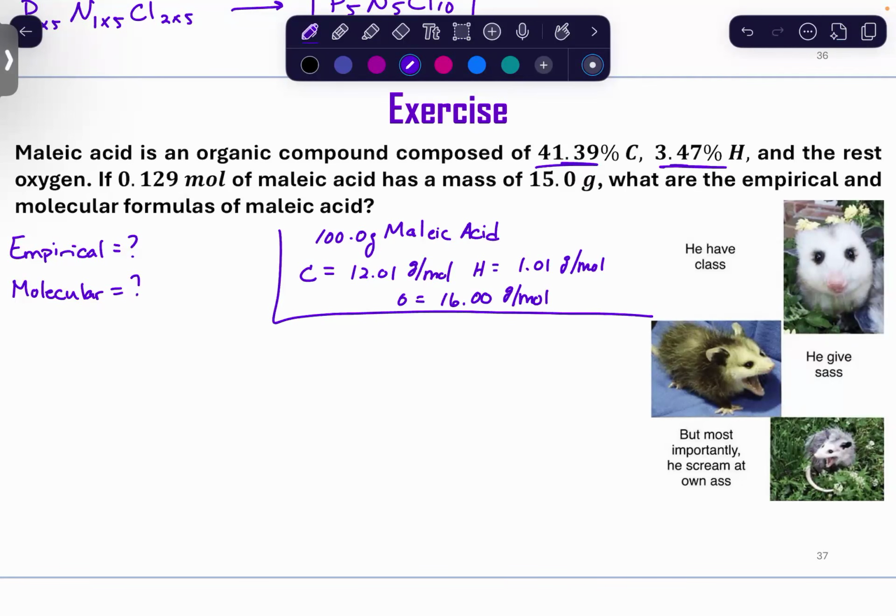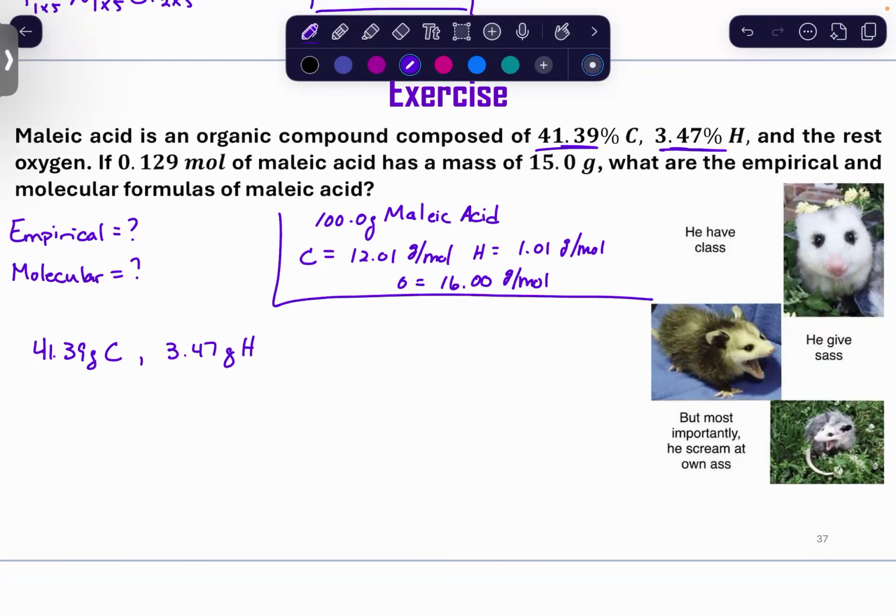And now I say, well, let's assume my 100 grams. That means I have 41.39 grams of carbon. I have 3.47 grams of hydrogen, and I need to know how many grams of oxygen I have. Well, I know that all of these have to add up to 100.